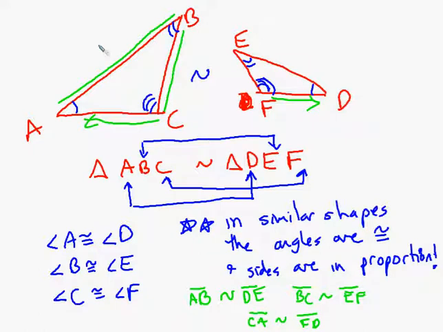Let's say this is 8. Nah, let's not say that's 8. That's too small. Let's say this is 15. And let's say this one here is X. Let's say this one is 12.